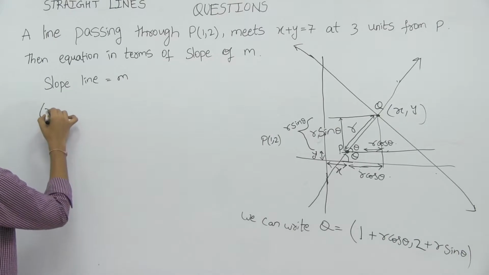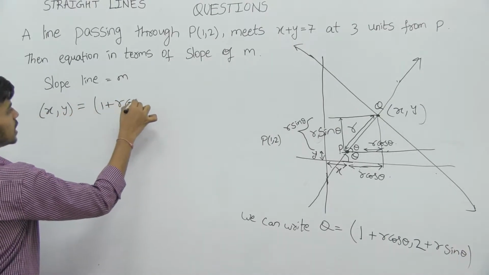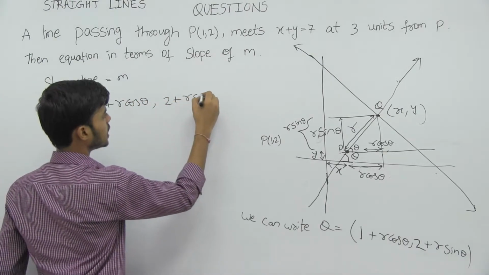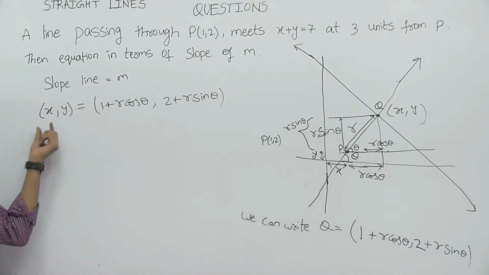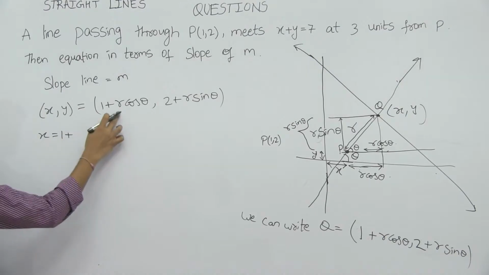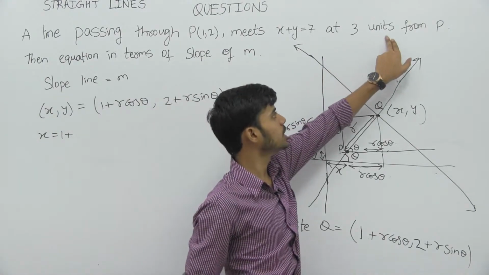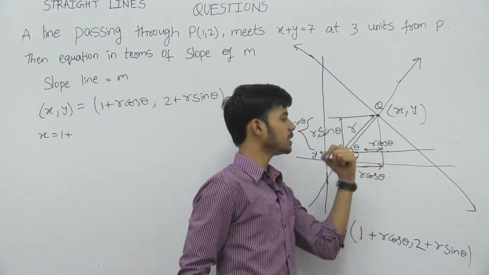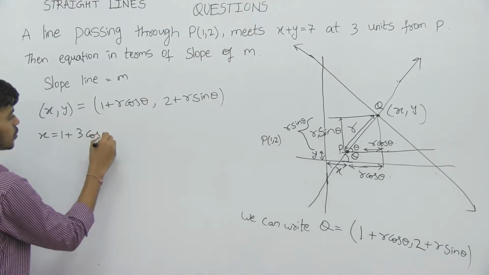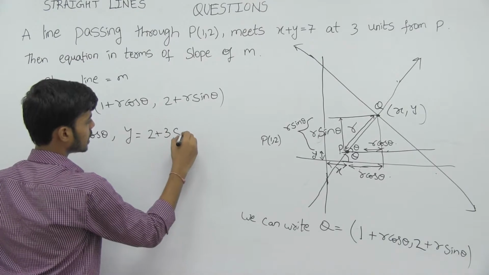So x comma y is equal to 1 plus r cos theta comma 2 plus r sin theta. Now let's equate both. We get x equal to 1 plus r cos theta, and r is 3, because it is given that point Q is 3 units from P. So x equals 1 plus 3 cos theta and y equals 2 plus 3 sin theta.